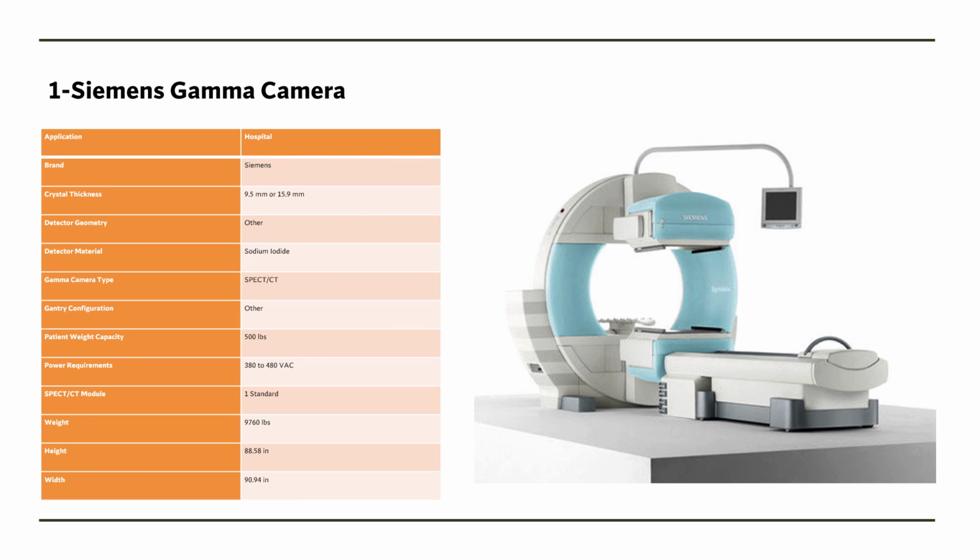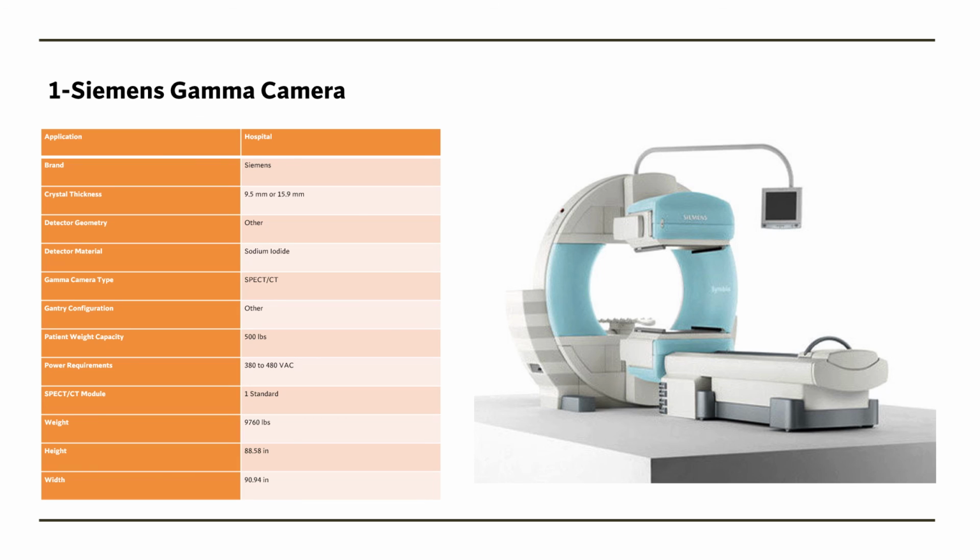Gamma camera type SPECT CT. Generator configuration: other. Patient weight capacity 500 pound. Power requirement 380 to 480.